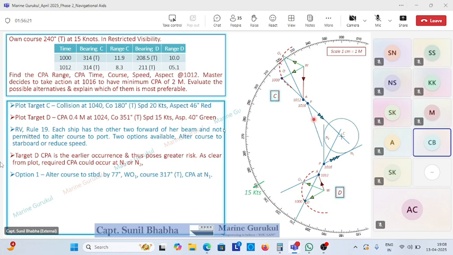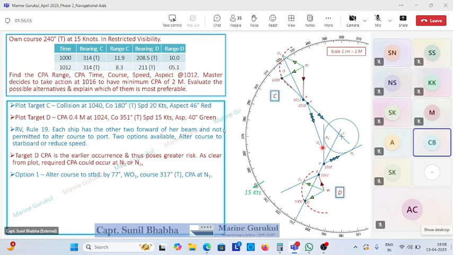You can see 3 arrows coming up. 3 arrows can be shown to predict the new relative line of approach after an action is taken. Now our CPA will be occurring at this particular point, November 1 here. You can drop a perpendicular from Charlie to this new relative line of approach for target C, and this meets here at November 1 point, and it tells us that the CPA for target Charlie will be more than our required value of 2 nautical miles.